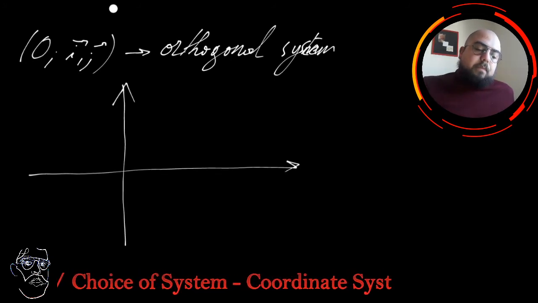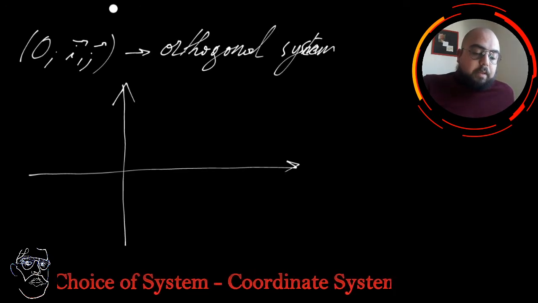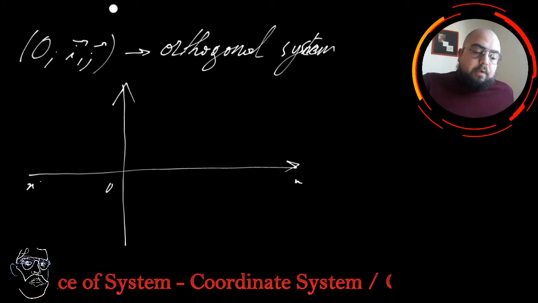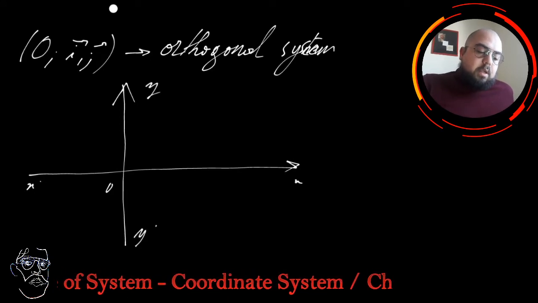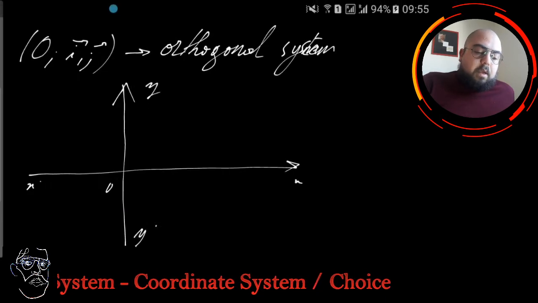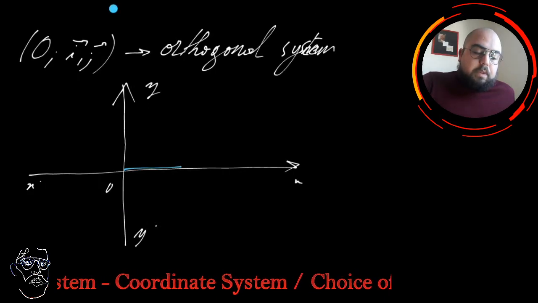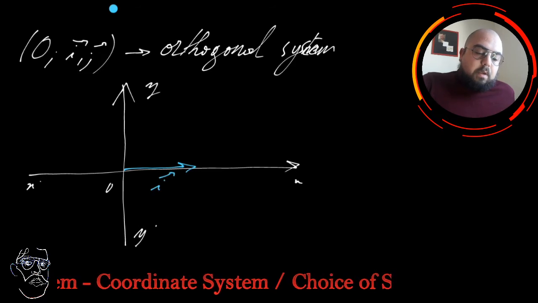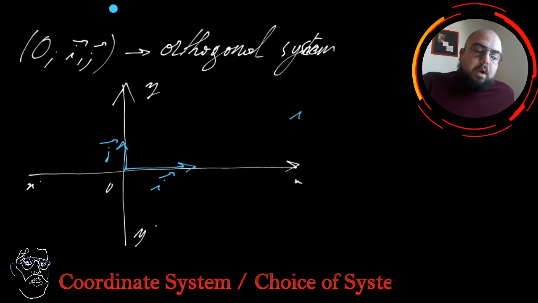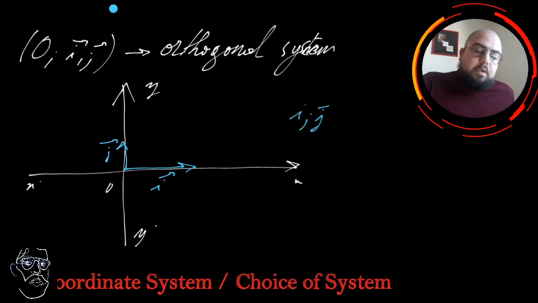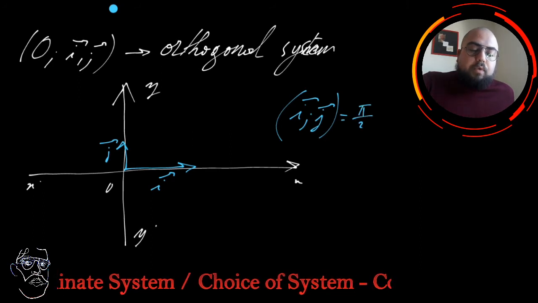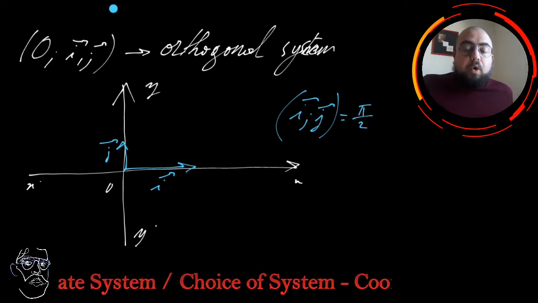So these are the axes, x prime or x and y prime or y, and your vectors I and j should have the angle between them. So this is I, let's say, and this is j. The angle between I and j should be 90 degrees or pi over 2. So they should be orthogonal.